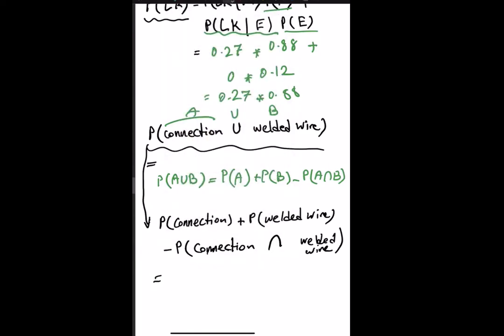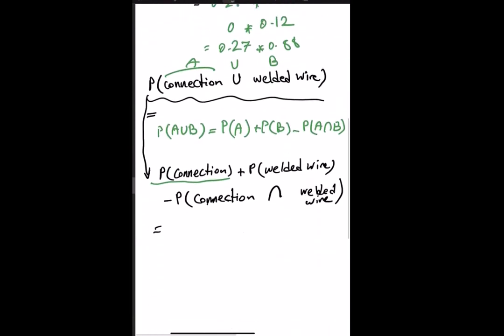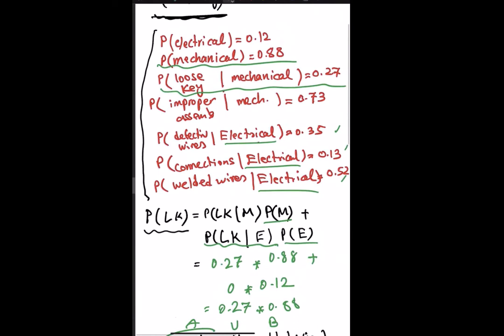What is the probability that the error is because of the connection? How do you calculate that? Do I have the probability that the error is because of connection anywhere in the problem statement? Just a simple probability that the error is because of the connection.